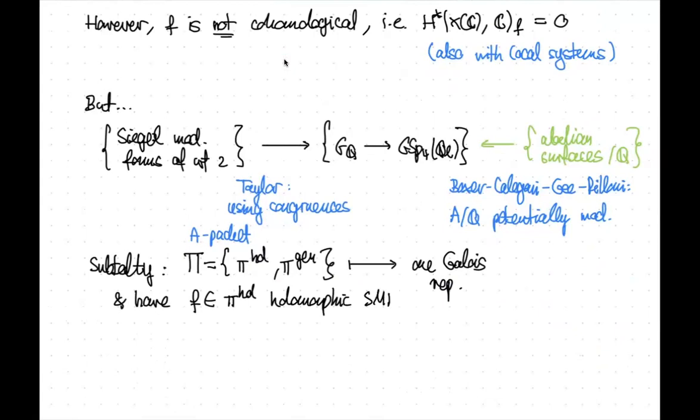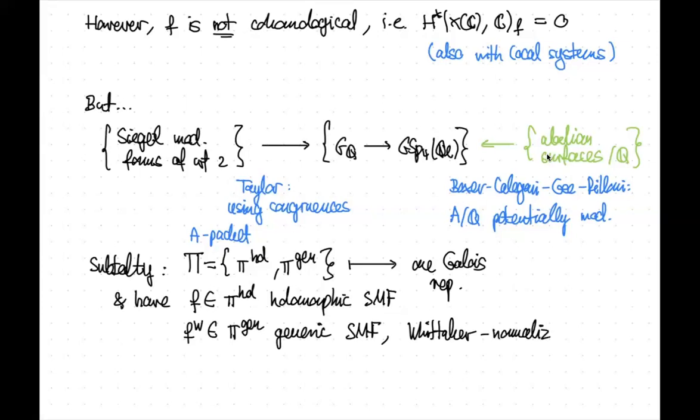This is a holomorphic Siegel modular form. But the strange thing is that there is another modular form, which I'll write F^W, which belongs to the representation which is a generic discrete series. And I'll call this a generic Siegel modular form. In this case, the W is because generic means that the representation has a Whittaker model, and I want to normalize it using the Whittaker model. So in some explicit way, it's Whittaker normalized.